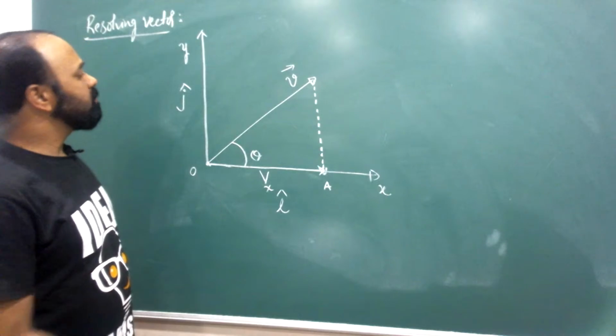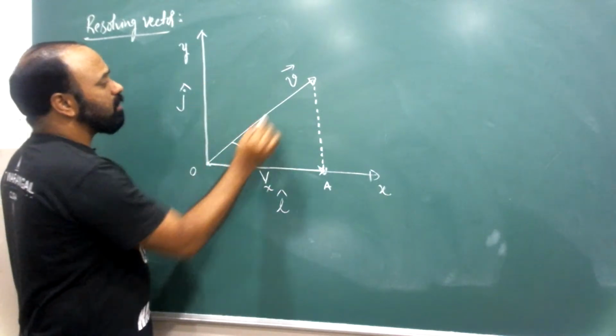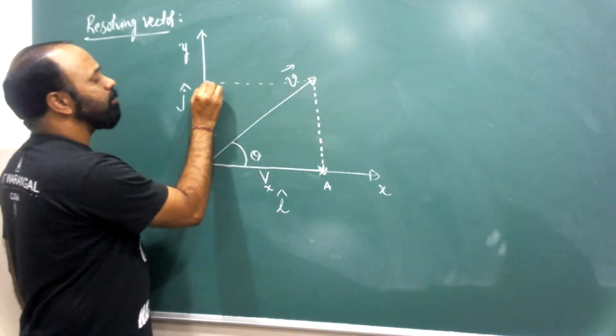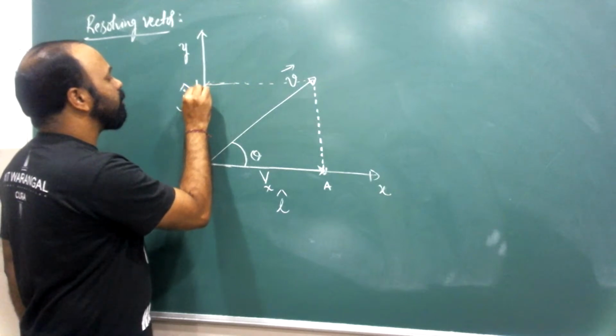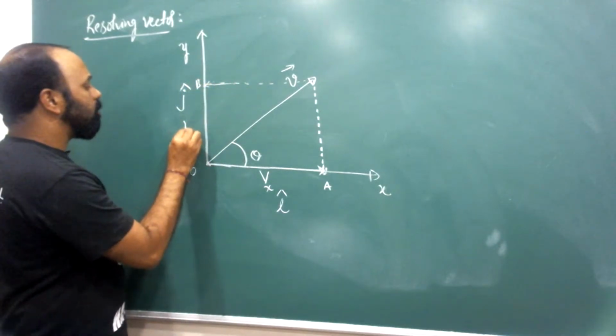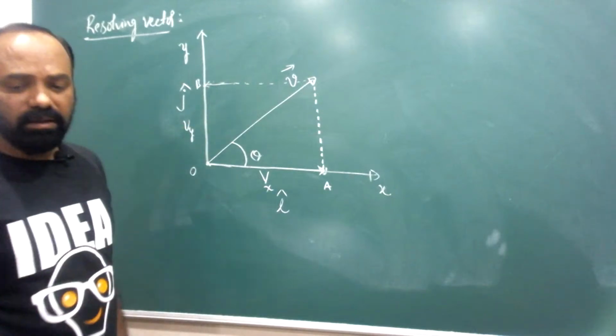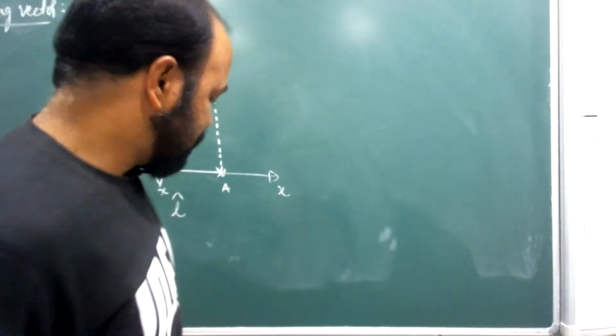Similarly, for this vector, if you draw a foot of perpendicular like this, it will cut a particular point B, that is OB. This OB is called the vertical component Vy. So this is the horizontal component and vertical component.